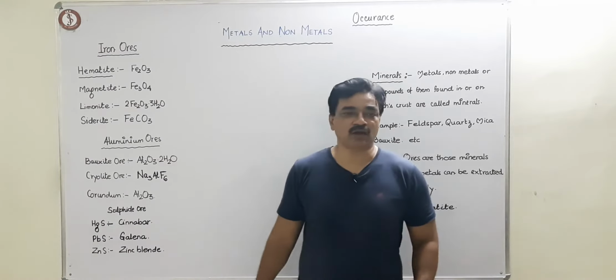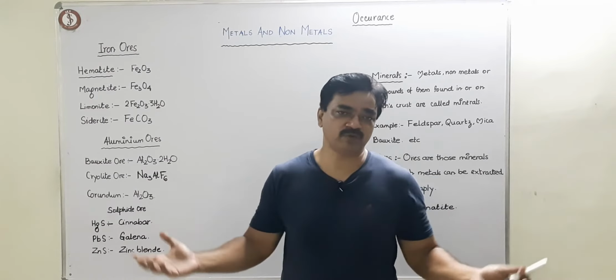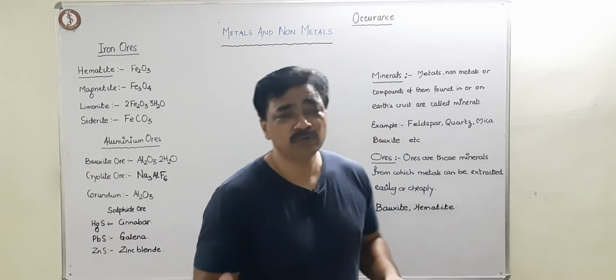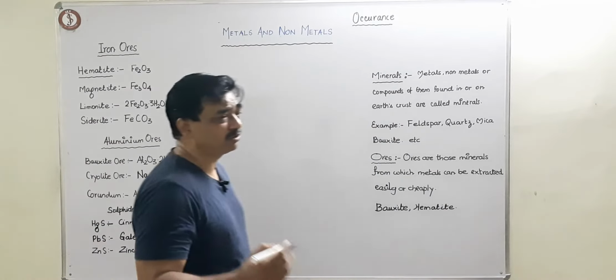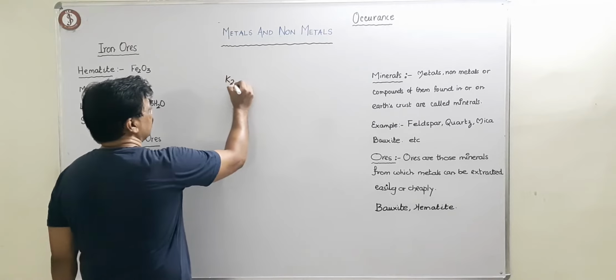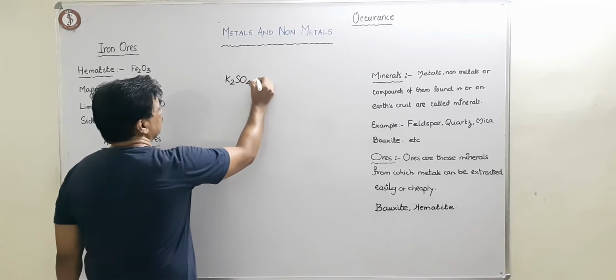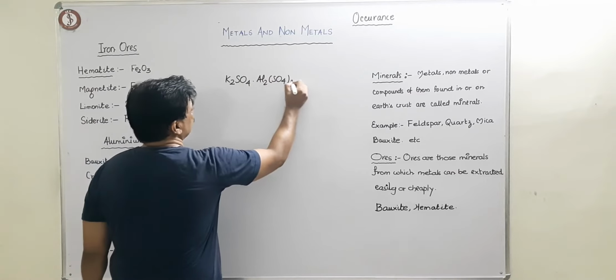So let us again talk. If we have minerals, say for example, we can have aluminum minerals. Aluminum compound can be present even in potash alum. If I write potash alum, it is K2SO4 into Al2(SO4)3 into 24H2O.